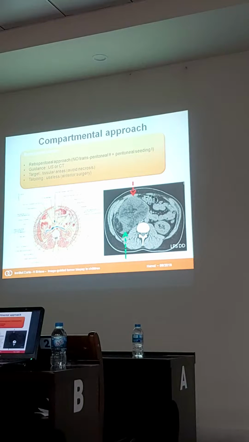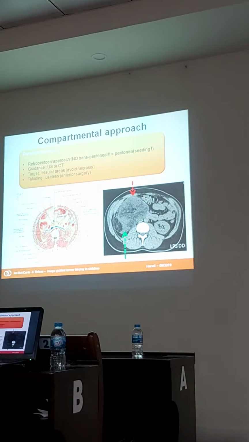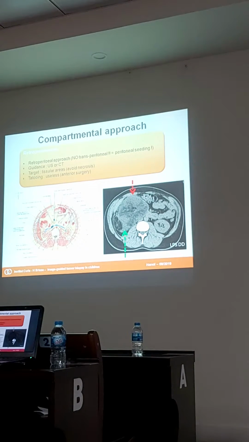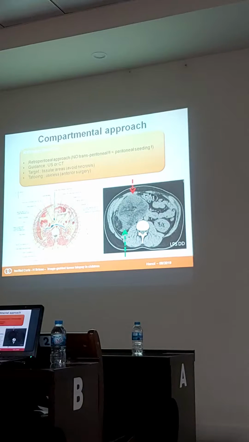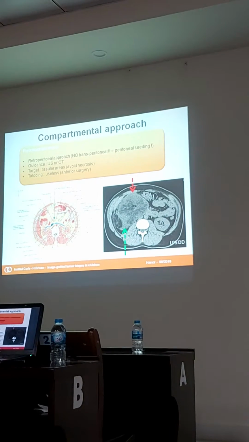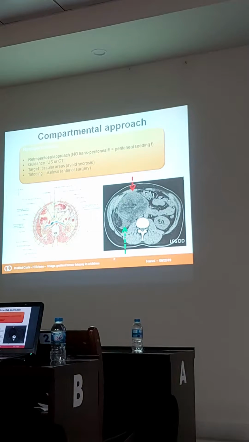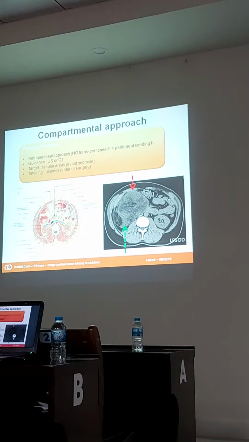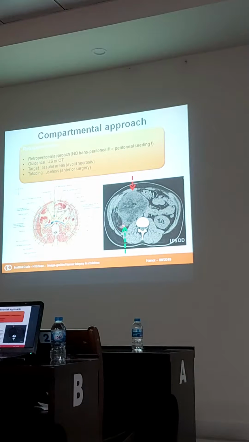So if you perform a biopsy this way, you will put some cells in the peritoneal cavity, and this is a very high risk of relapse. So each time the tumor is located in the retroperitoneum, you must perform the biopsy through the posterior approach to go in the retroperitoneum directly and not go through the peritoneal cavity.